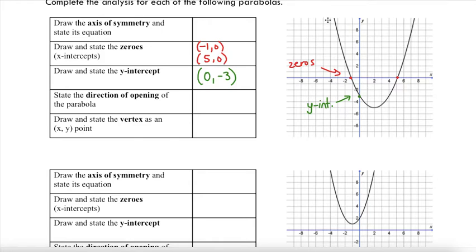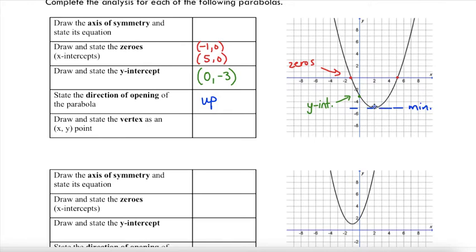And now we want to figure out, does this open up or does it open down? The way that I like to think about it is if it makes a U shape, it opens up. And because it opens up, it's going to have a minimum value. And the minimum value is going to be at that vertex. So where is my vertex?